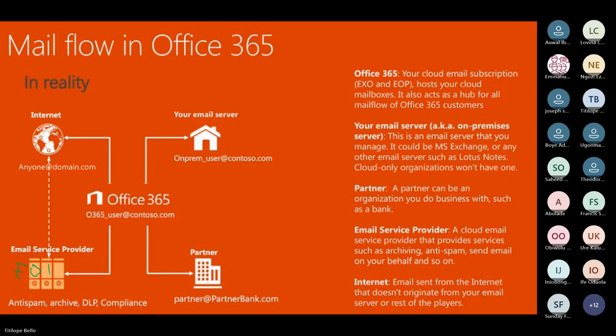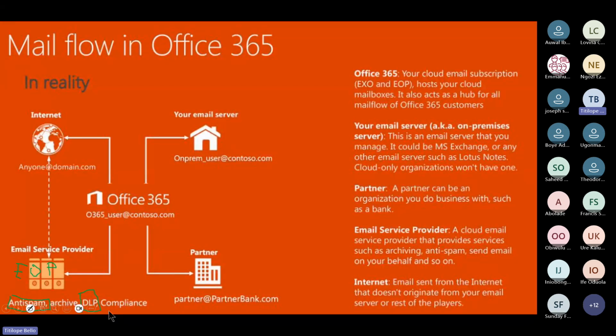So EOP is first going to check it for spam. Is there any spam? Then after checking for spam, you might check for data loss prevention. You might not even check for this immediately. It's emails that are really going out that get this check.